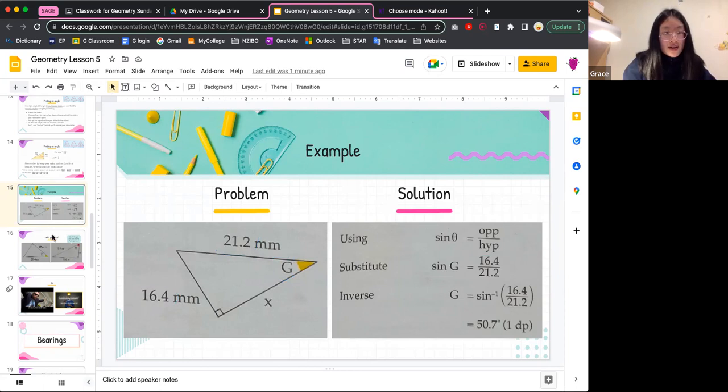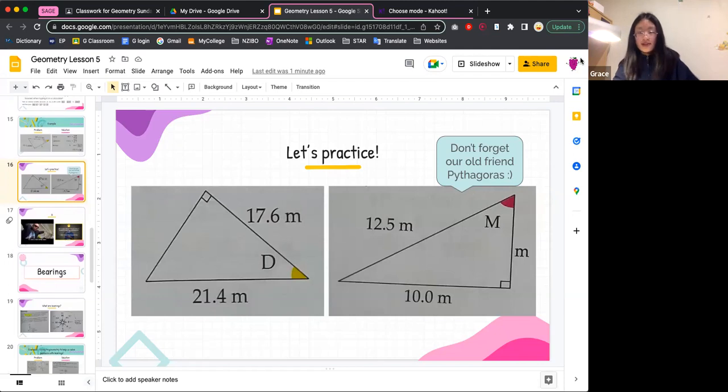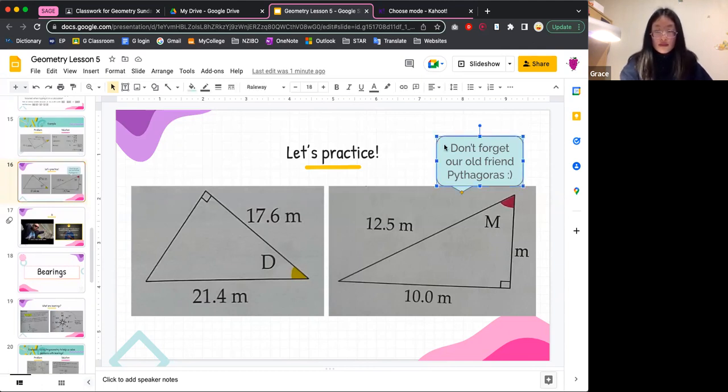All right, I'll give you a minute or two to do some practice with this. Just as a side note, for the question on the right, you've got the angle M, which you can figure out, but there's also the side, little m.